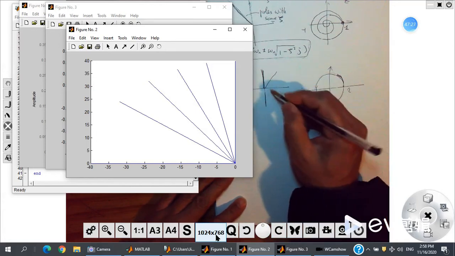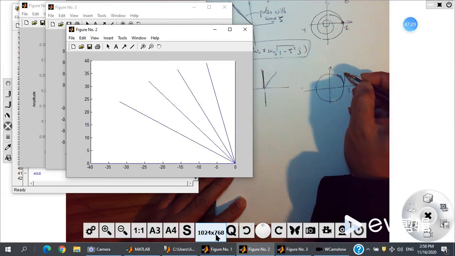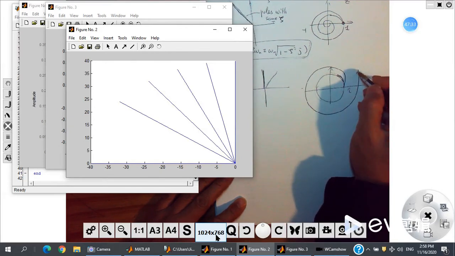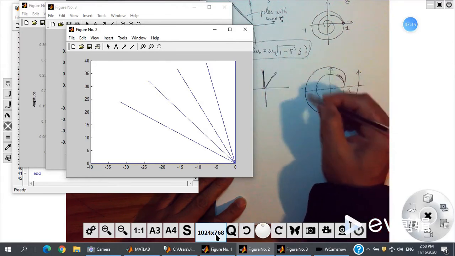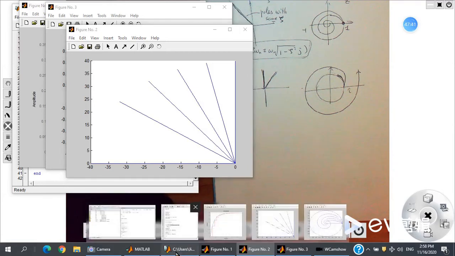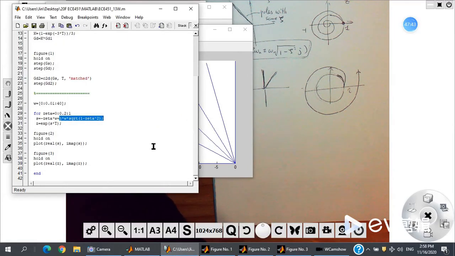Then this one will be outside, so it will look something like this. Then zeta is positive, right? I just changed this zeta. Then there we go.